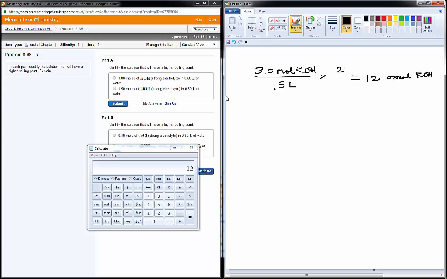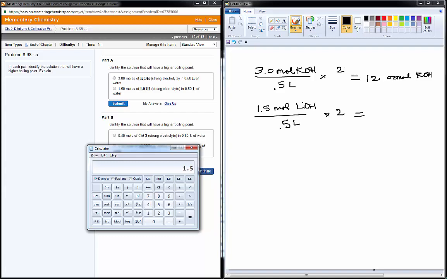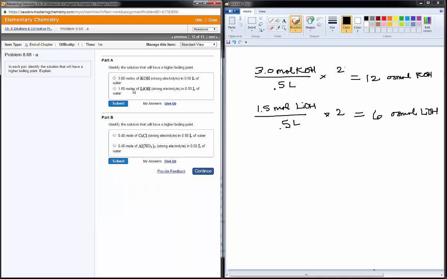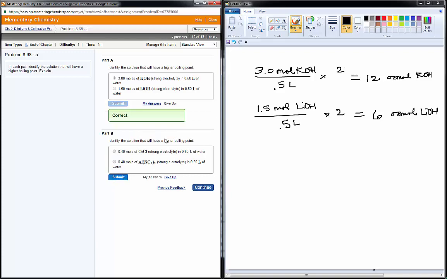And here I've got 1.5 moles lithium hydroxide for every 0.5 liters. Multiply that by 2 ions, and that's a 6 osmolar solution. So since the KOH is the more concentrated solution, it will have the higher boiling point.